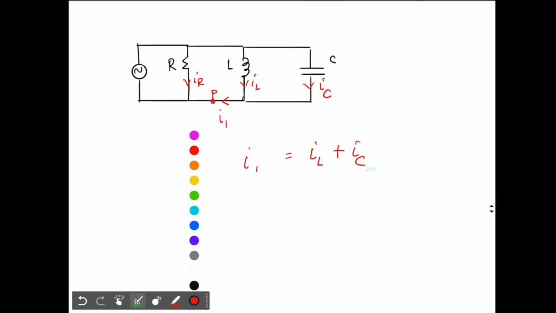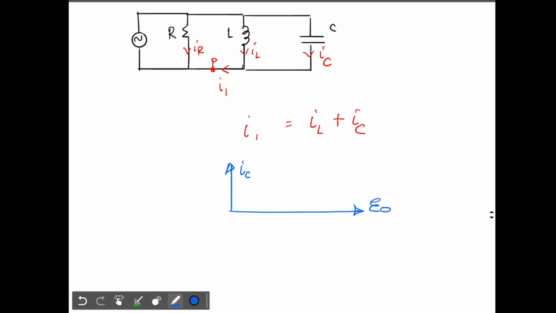So I will take the EMF as reference. This is my EMF E naught. IC is leading the EMF phasor, IL is lagging the EMF phasor. So basically they are in opposite directions. This is 1 ampere, this is also 1 ampere.